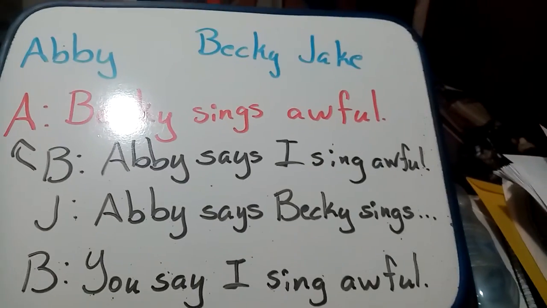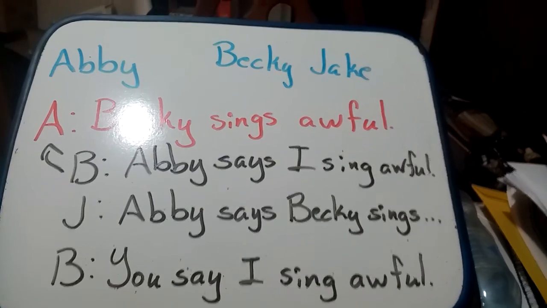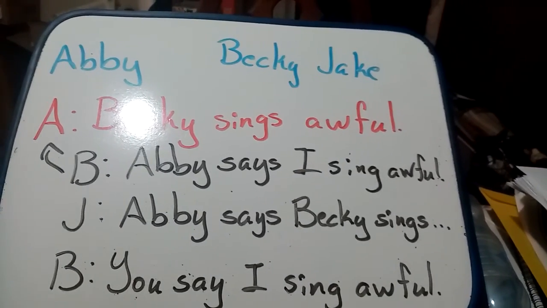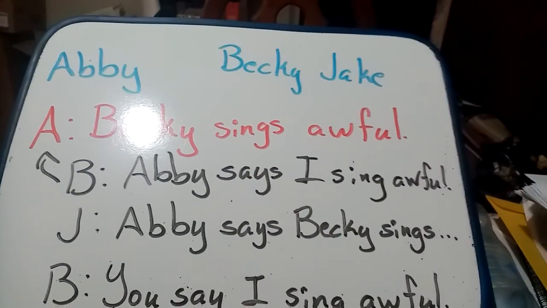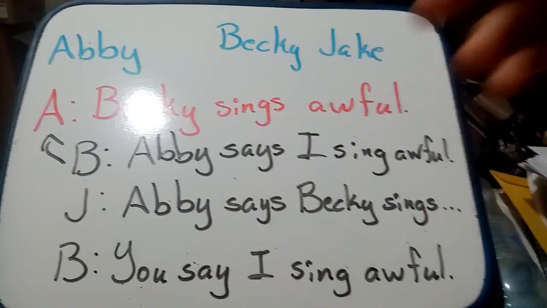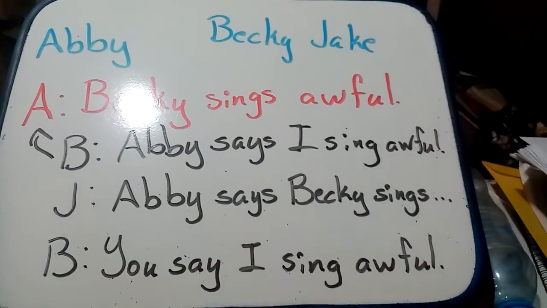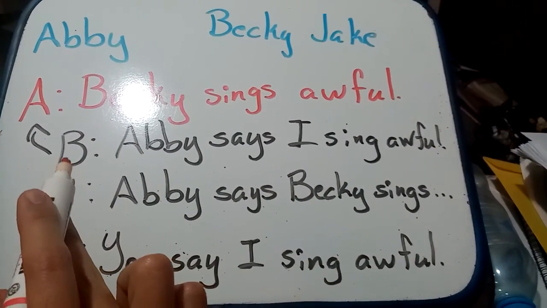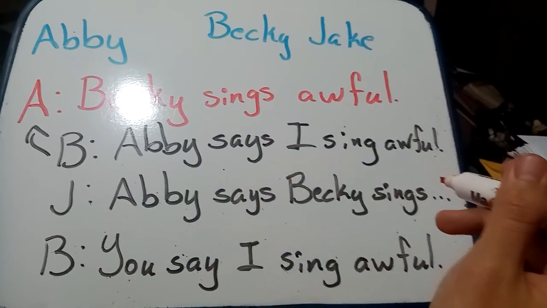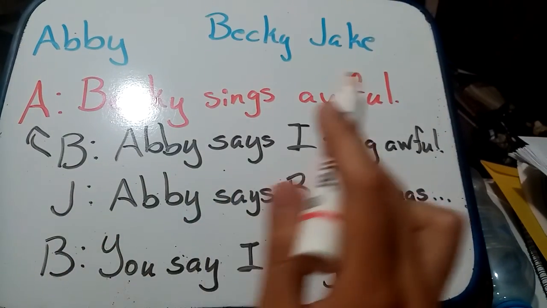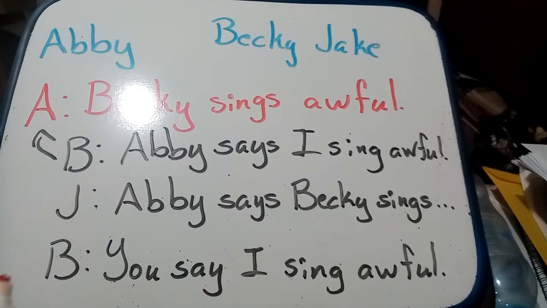Okay, so in this case we can see how the pronouns are changing depending on who's saying to whom. In this case, Abby is telling someone else, we don't know. Yeah, in this case it doesn't matter as it is a direct speech. But in the second one we have that Becky is talking to someone else, which can be, for example, Jake, but we know that it can't be Abby.